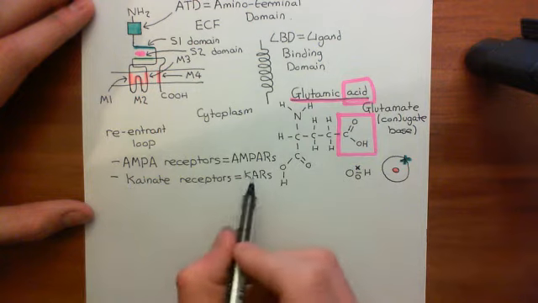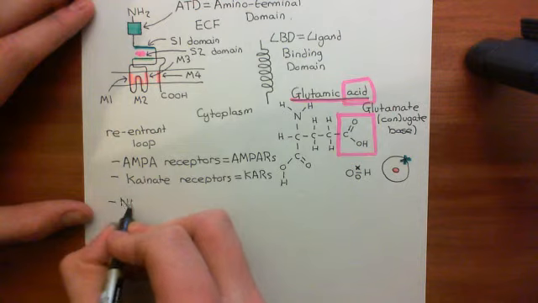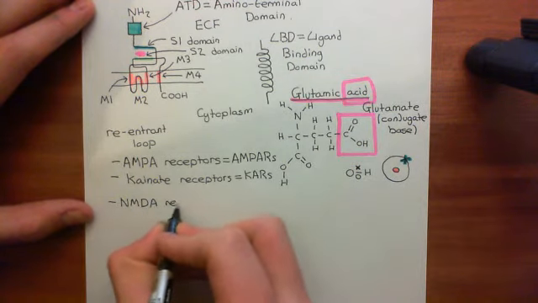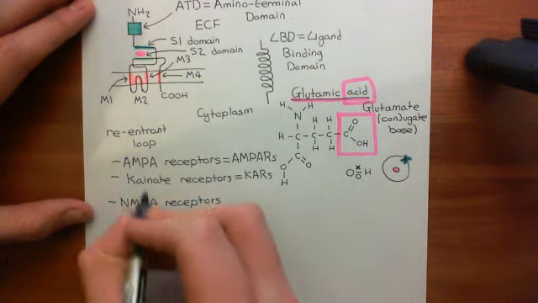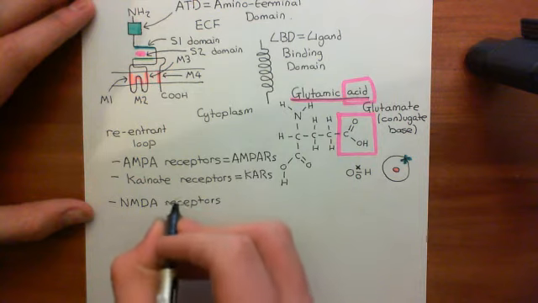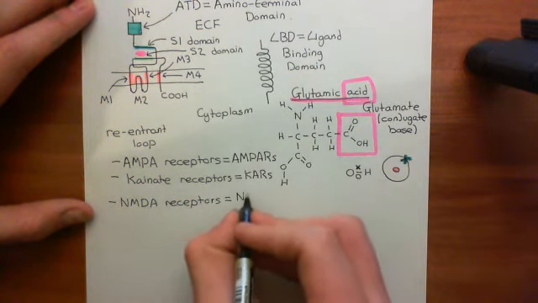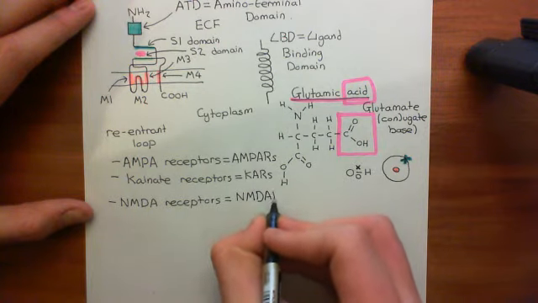Kainate is a chemical which is an agonist for kainate receptors. Finally, the NMDA receptors. NMDA is an agonist for the NMDA receptors. All of those chemicals bind to the ligand binding domains of the subunits of these receptors and activate them. Similarly, the NMDA receptors are often abbreviated to the NMDARs.